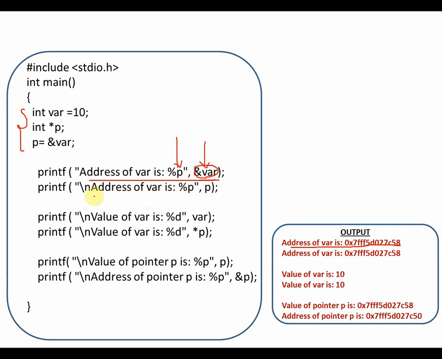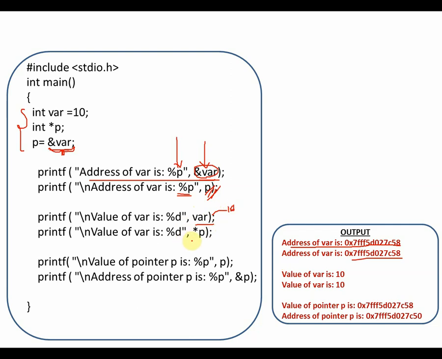The next thing is, if we print p with this format specifier, which means p will have the address over here. So this indirectly means address only. The pointer variable p will hold the address of the variable var. Hence when I print p also, I will get the address only. The next thing is, if I print var, what will get printed? What is in var? 10.